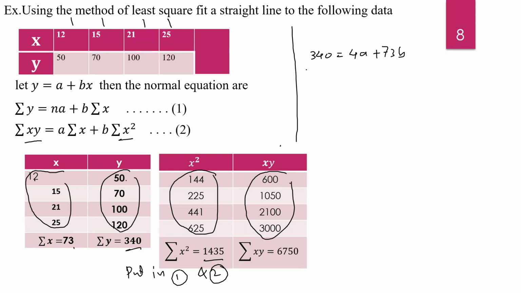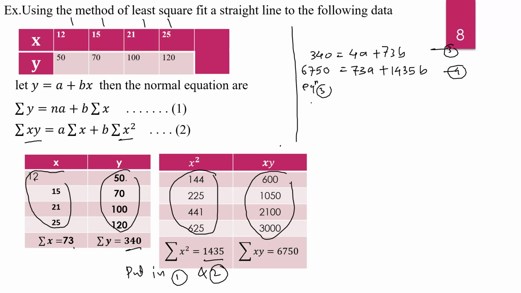Now next summation xy: 6,750 is equal to 73a, that is summation x, plus the summation x square, 1435, into b. So this is equation 3 and equation 4.